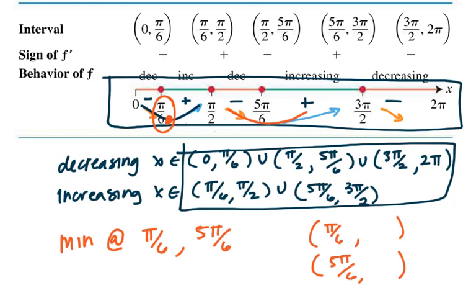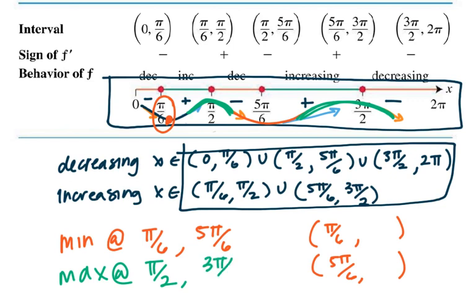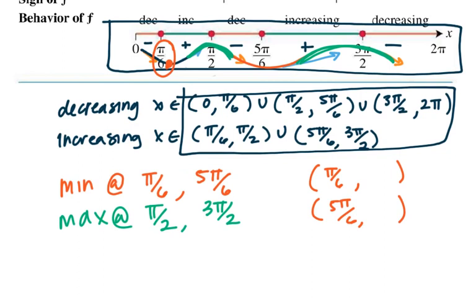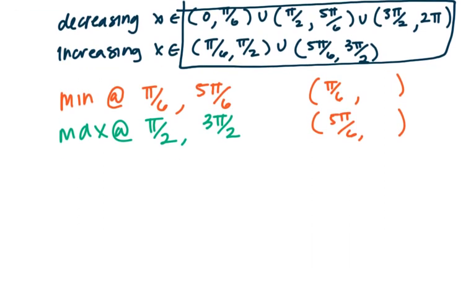Furthermore, we have some maximums, and the maximums occur when we have a positive derivative that turns around and becomes negative. So positive to negative, there's a max at pi over 2, and then we also change from positive to negative at 3 pi over 2. So this allows me to develop some ordered pairs.